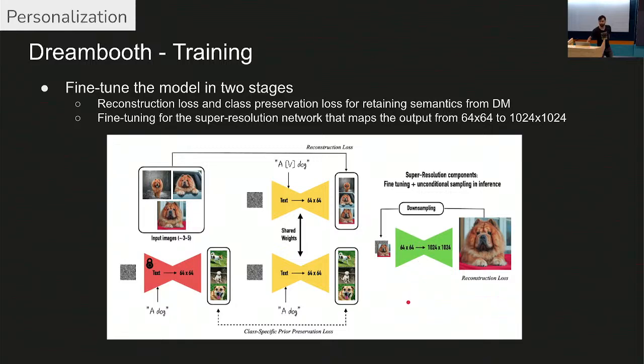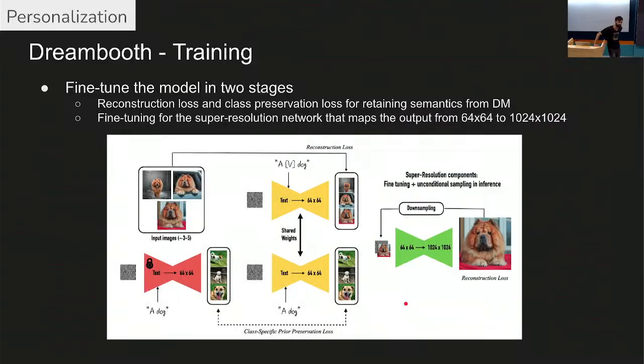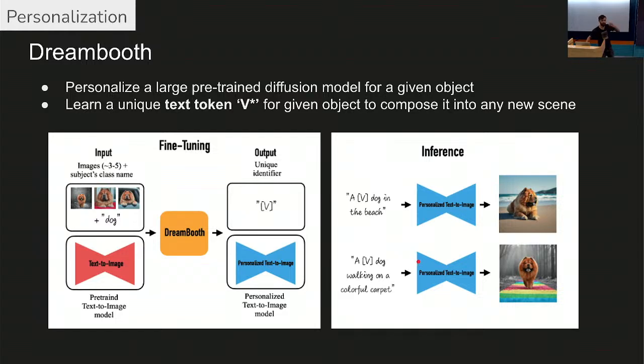But while you were actually doing this inference step, you will not say just dog, right? A V dog, right? You will say dog only. No, at inference time you will say a V dog. That's what we have seen here, right? A V dog on the beach, a V dog walking, because you want to generate that particular dog.